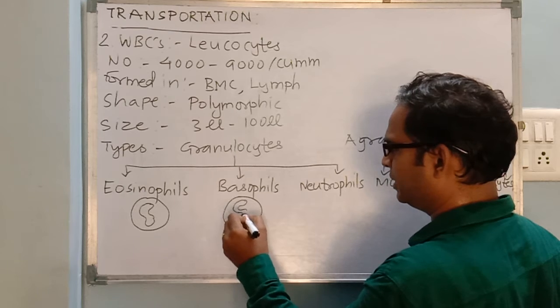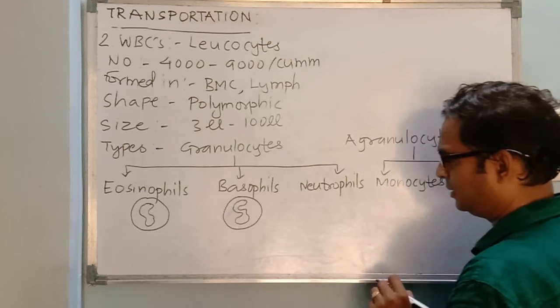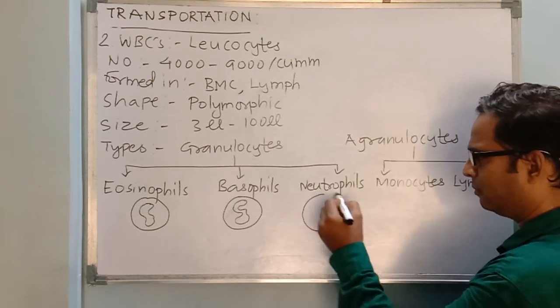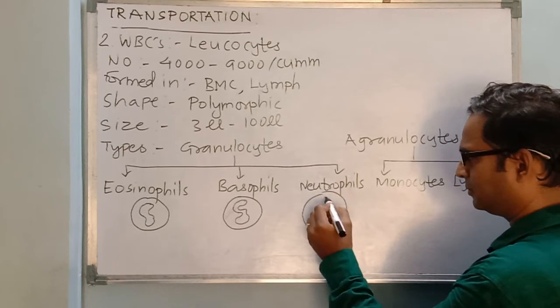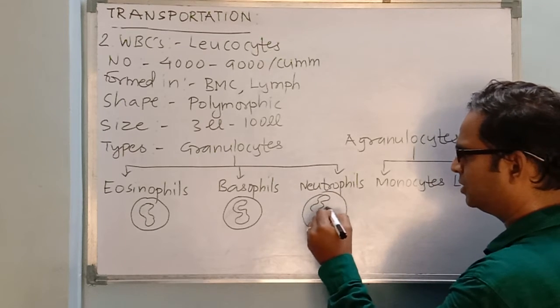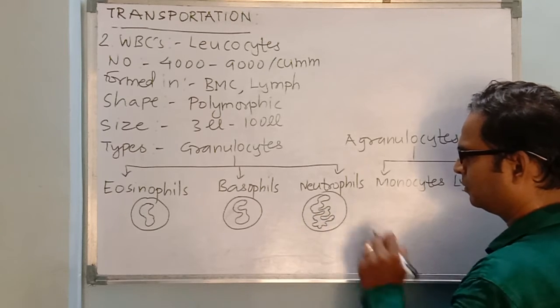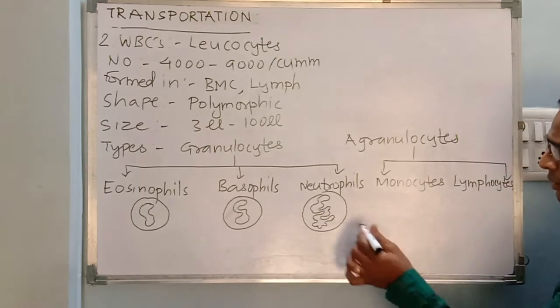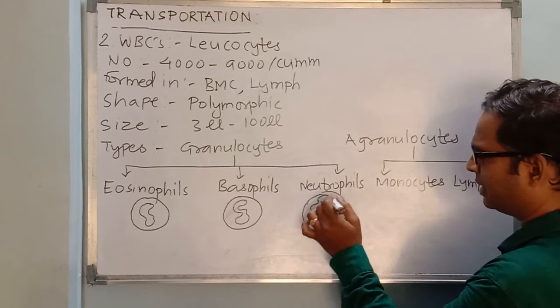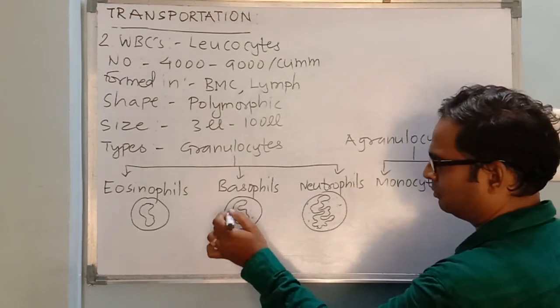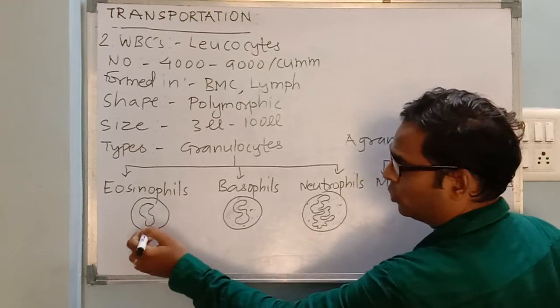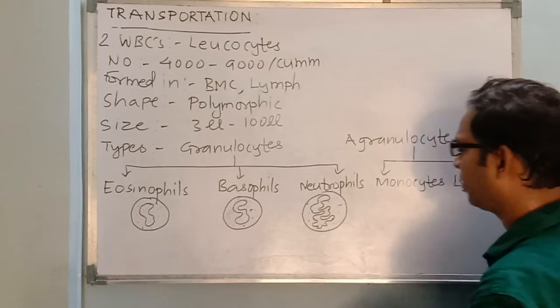Neutrophils have a multi-lobed nucleus, so there are many lobes. That is the characteristic feature. And here the cytoplasm contains granules, so they are granulocytes.